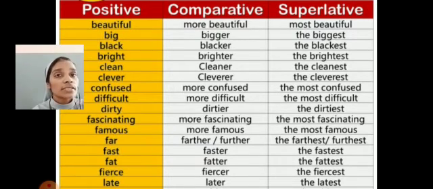Here we used comparative degree because we compare two persons, Adi and Aman. Here we used the word than. When we compare two things, we use than.